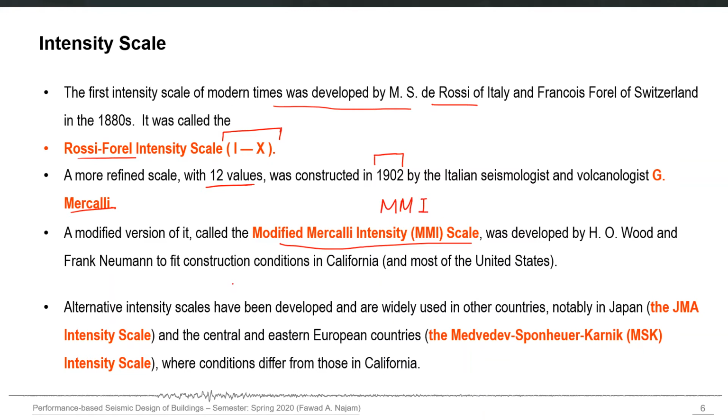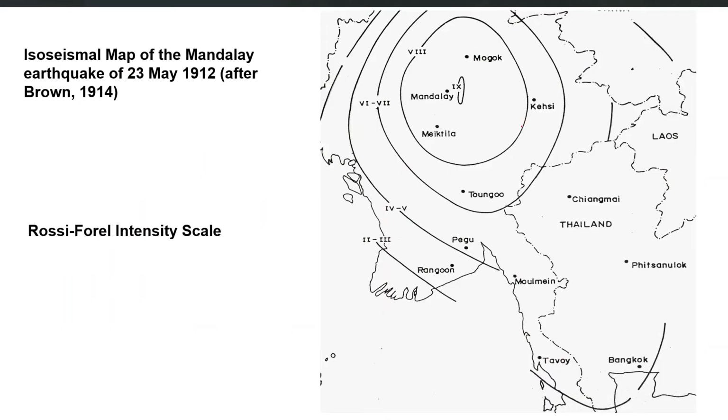Similarly, there are some other intensity scales also. For example, JMA, which is the Japanese intensity scale. Similarly, the MSK scale, used in Central and Eastern European countries, and also some other scales, for example, the Chinese scale, are also in use, which classify the earthquake into different intensity levels.